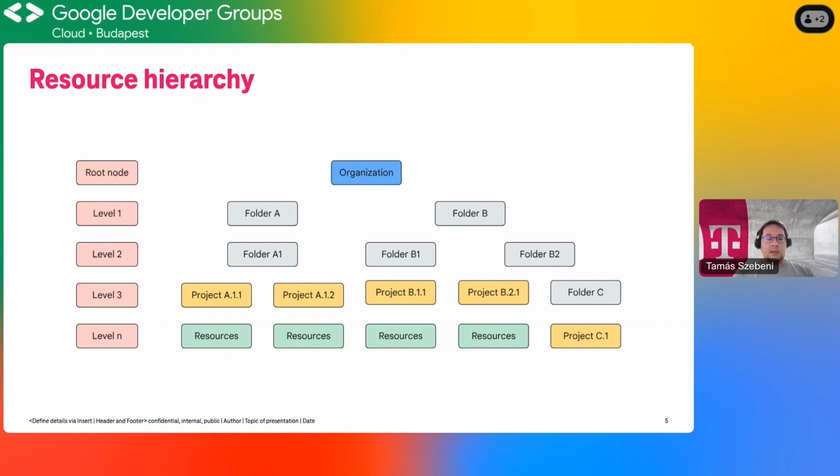For companies, they need such a resource hierarchy: a top level node, having folders within folders, and at the end having projects to host the resources. It is important that given this structure, there is also inheritance from the top to the bottom, like IAM policies.